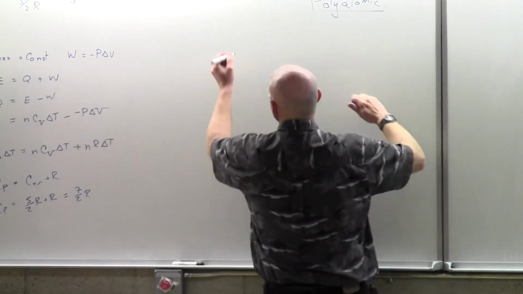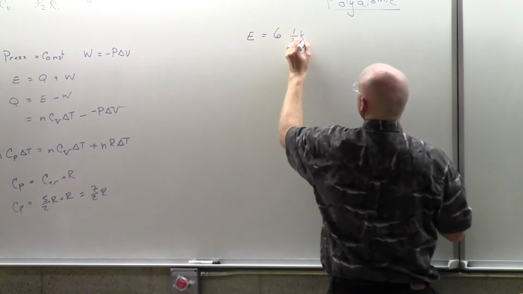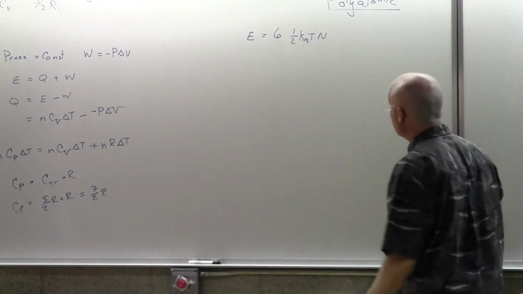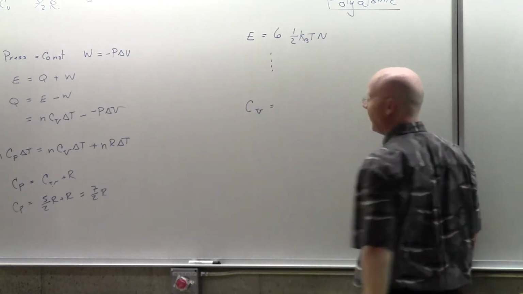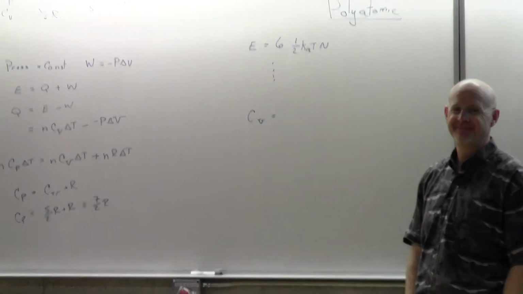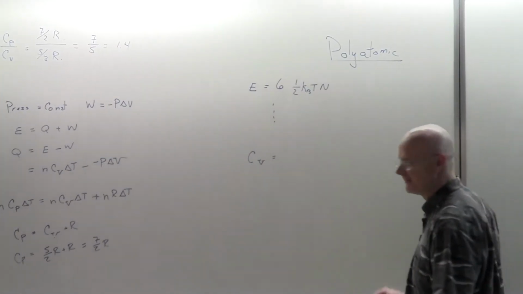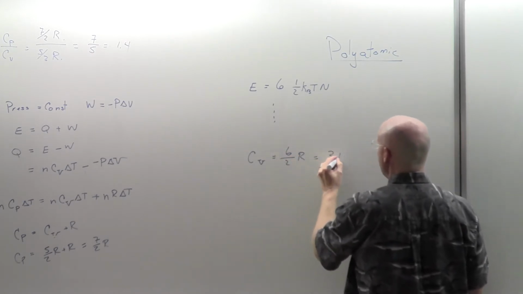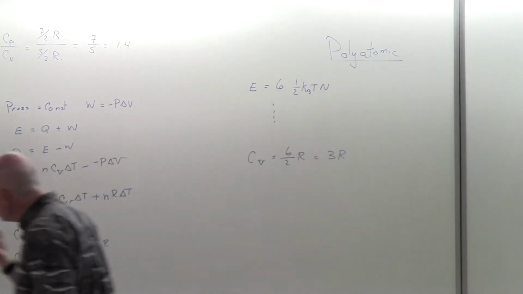And so as I go through this, I would have E equals 6 1/2 kBT times the number of molecules. And after doing the same work, what would I get for CV? Yeah, 6/2 R. If you want to call it 3R, that's fine, but I prefer the 6/2 R because it fits in with the pattern.